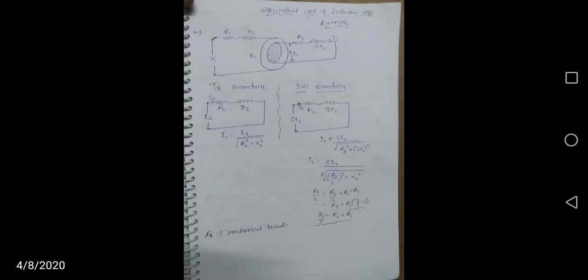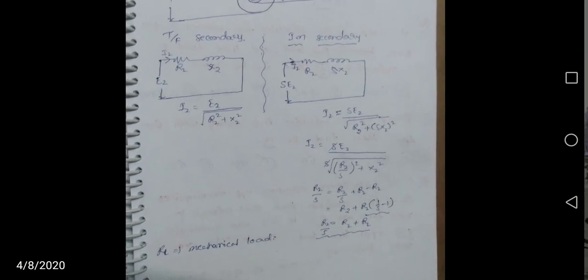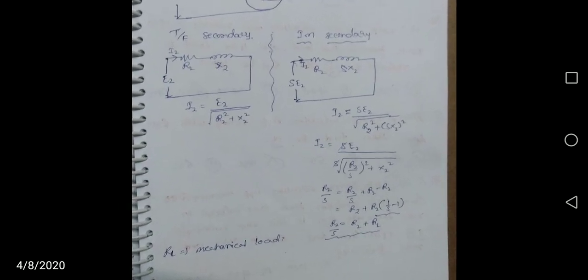So we get I2 equal to E2 by under root of R2 plus RL whole square plus X2 square. In this way, we can write the equivalent circuit.